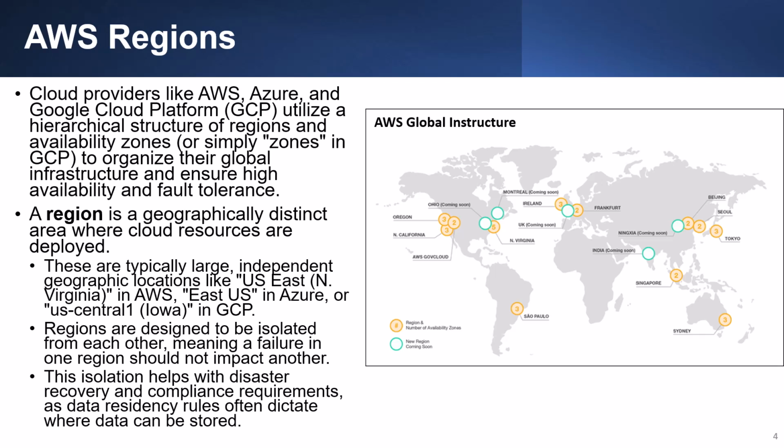They're typically large, independent geographic locations like US East (Northern Virginia) in AWS, East US in Azure, and us-central1 (Iowa) in GCP. Regions are designed to be isolated from each other, meaning a failure in one region should not impact another. This isolation helps with disaster recovery and compliance requirements, as data residency rules often dictate where data can be stored.